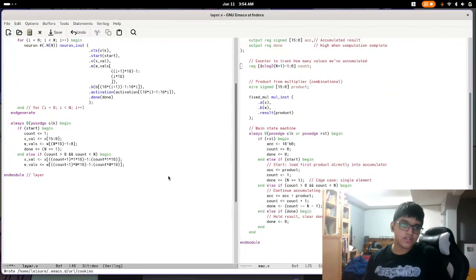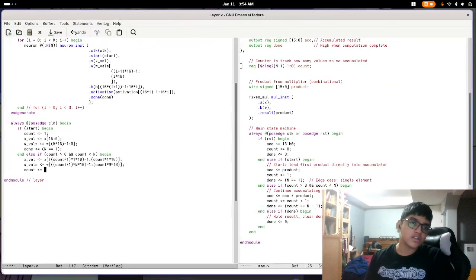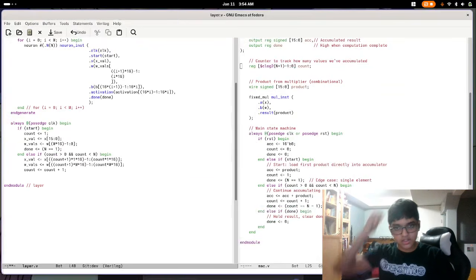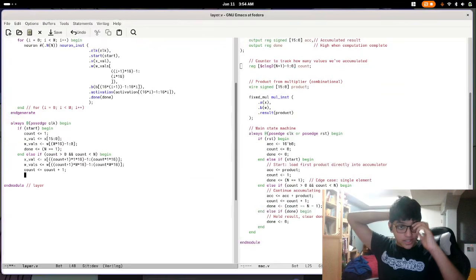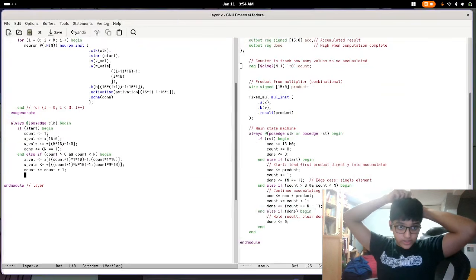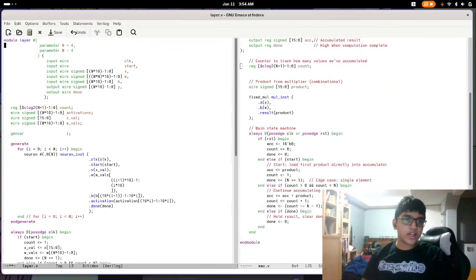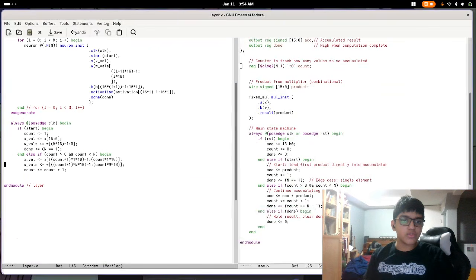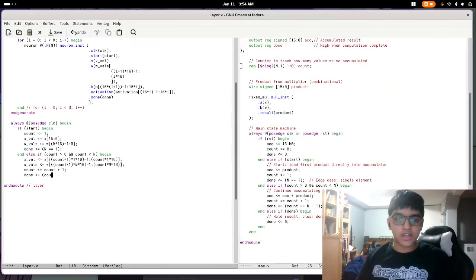Now we would set count equal to count plus 1, and then, wait, do I even have done while completed? Yes, I do. Done is equal to count is equal to n minus 1.